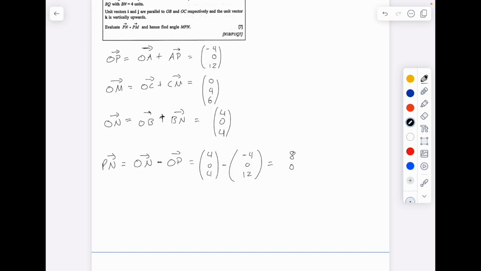And 4 minus 12 gives you a value of minus 8. Okay, cool.